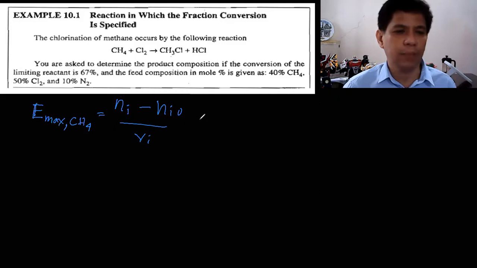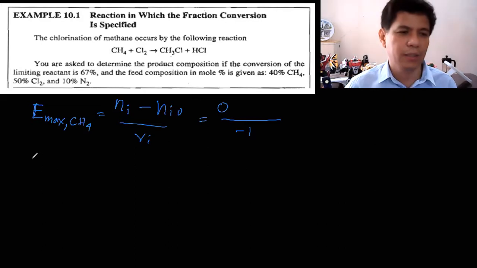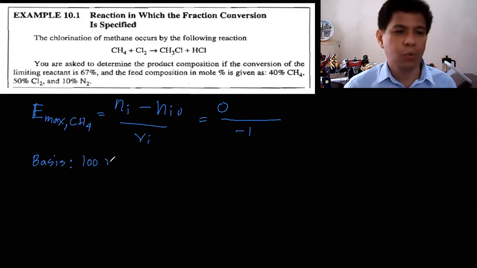But in the case of Emax, the N sub I of methane will automatically become 0. And then the B sub I of methane is negative 1, because it's a reactant. Then N sub IO. We need to find N sub IO. So in order to find N sub IO, we're going to assume a basis of 100 moles of initial material of feed.